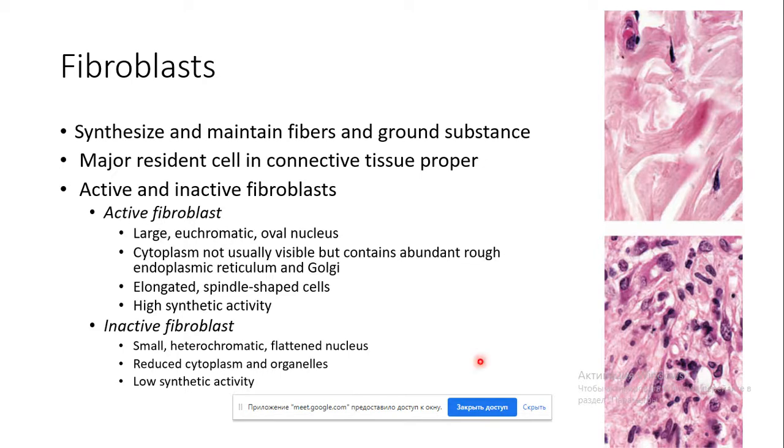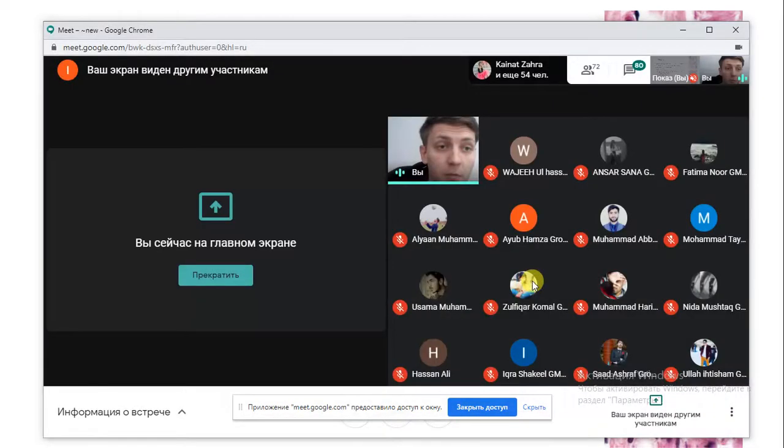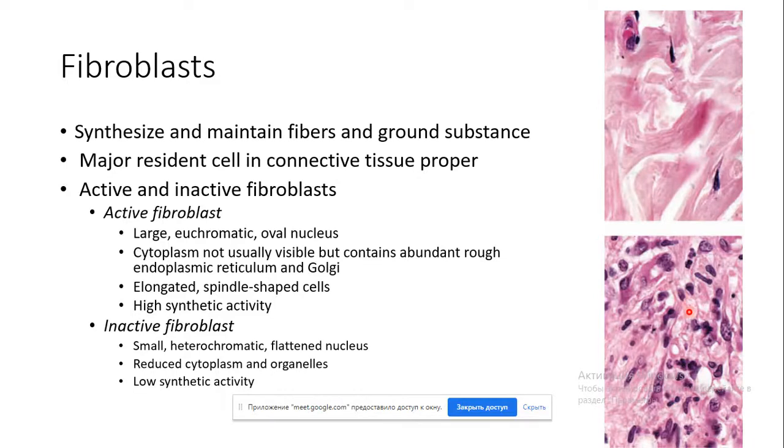Active fibroblasts are present in growing connective tissues, for example after an injury, or in adolescence, teenagers who are still growing. In their tissues we can find more fibroblasts.